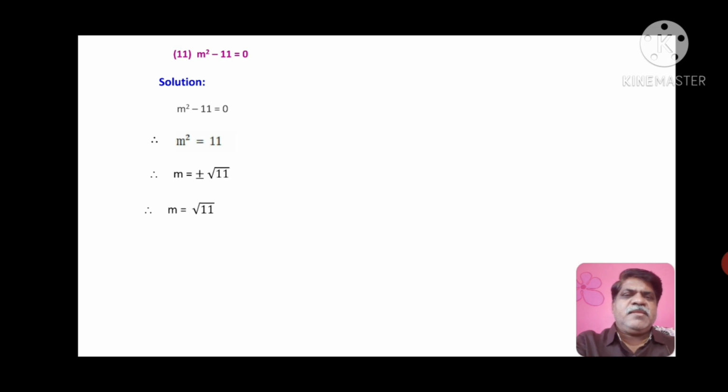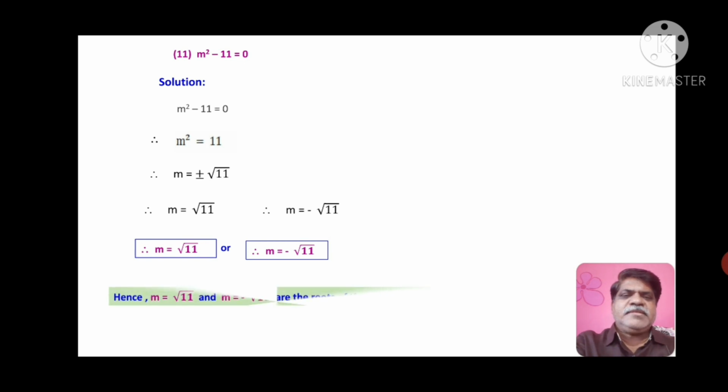Therefore, we will write now m is equal to root of 11 or m is equal to minus root 11. Hence, m is equal to root 11 and m is equal to minus root of 11 are the roots of the given quadratic equation.